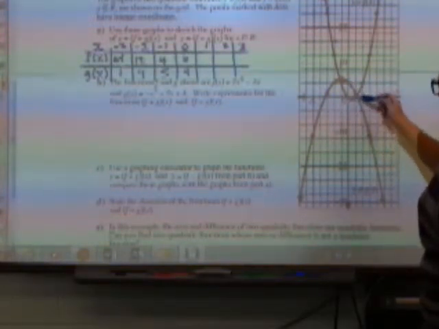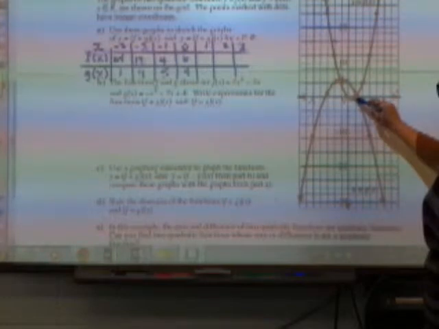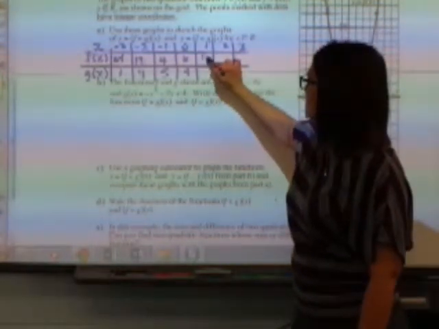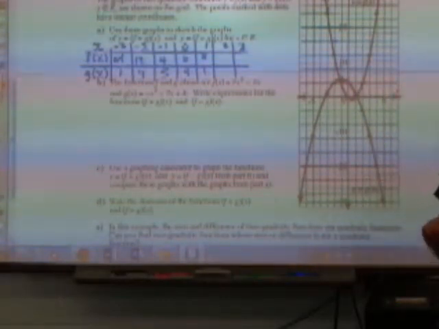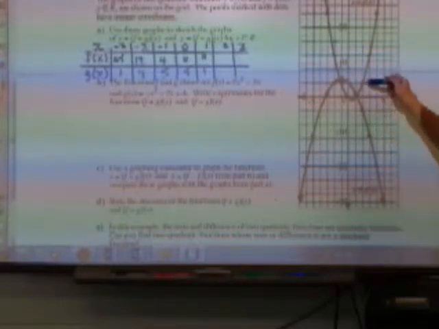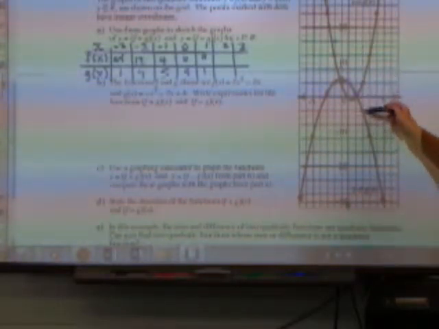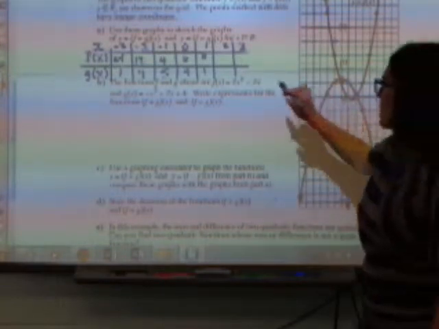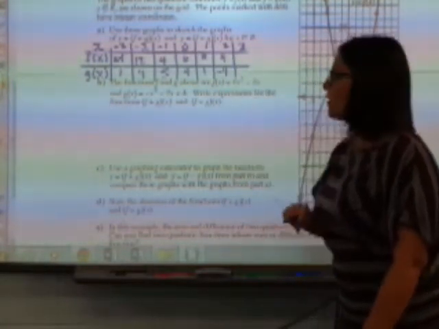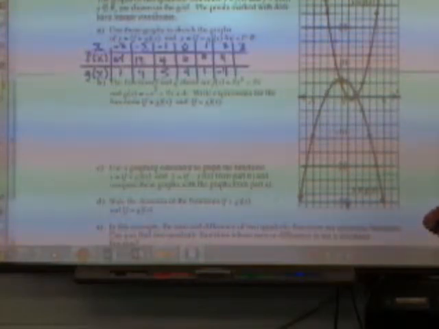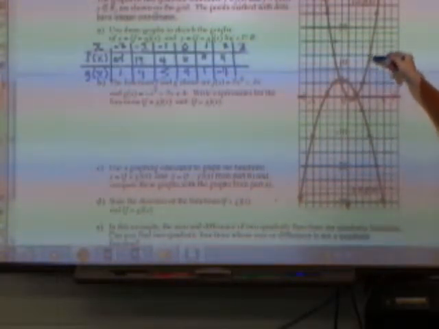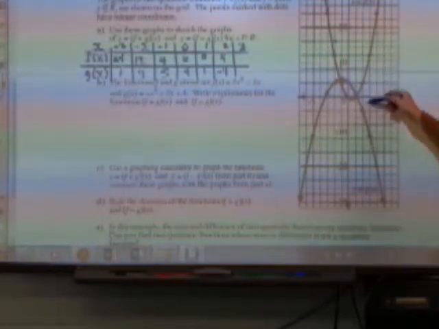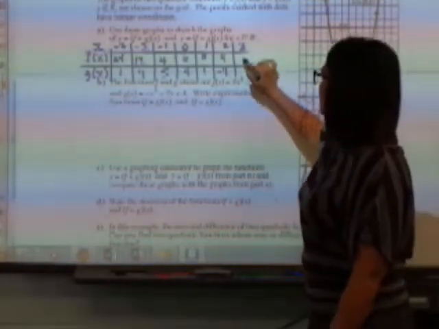Then I've got when x equals 1, I've got a value of 0 and 1 for each graph. So then when I add them together, I get 1. When x equals 2, I've got a value of 4 for my up one and -4 for my down one. So then when I add them together, I get 0. When x is equal to 3, I've got a value of 12 and -11.